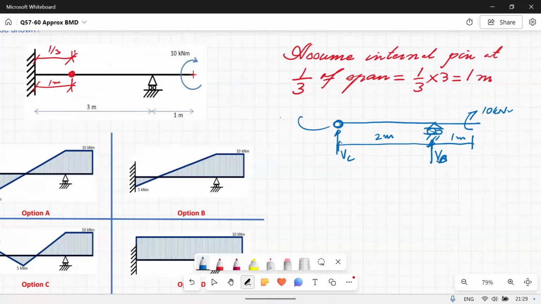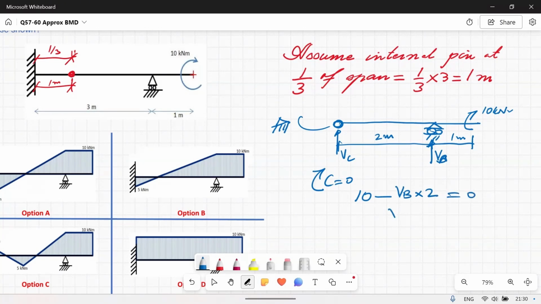The internal pin is treated as a pin support. So summation of moment at C is equal to 0, and a clockwise moment is applied. So clockwise I will say is positive, and minus VB times 2, it is anti-clockwise, that is equal to 0. So from here VB is equal to 5 kilonewton.